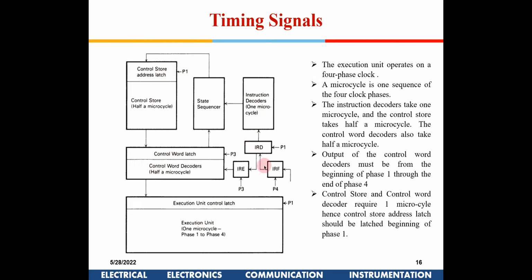So the instruction fetch has to be at least 2 cycles ahead, because once the execution unit completes, for this instruction to complete it will require 2 microcycles, right? So this has to be ahead of the execution unit.